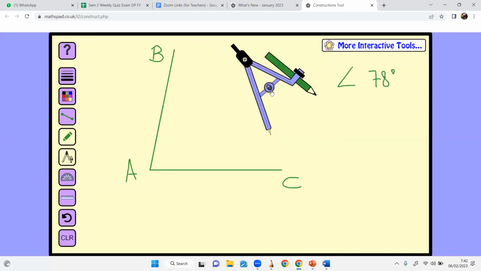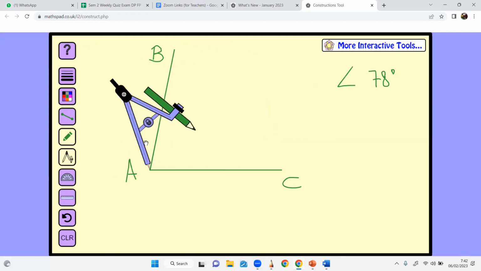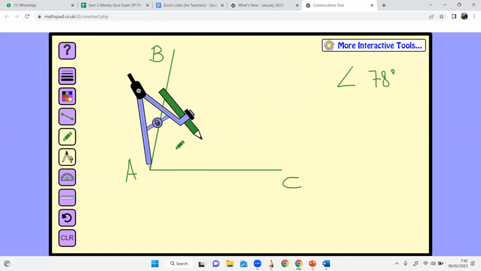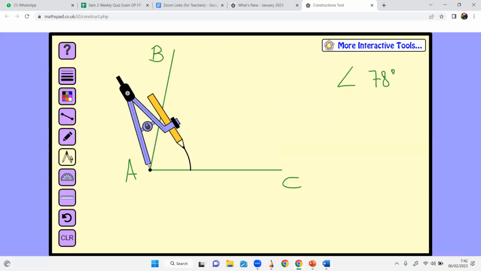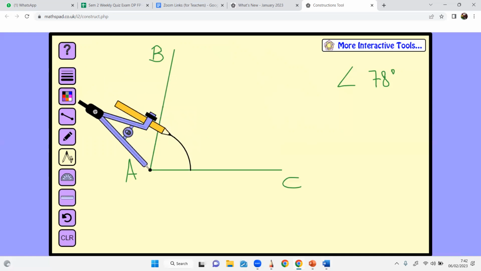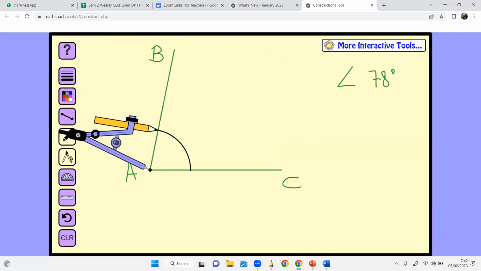And what do you do, guys? First, create the arc. Okay? I use the black color. And there you go. Okay, first step is done. Second step, what to do?